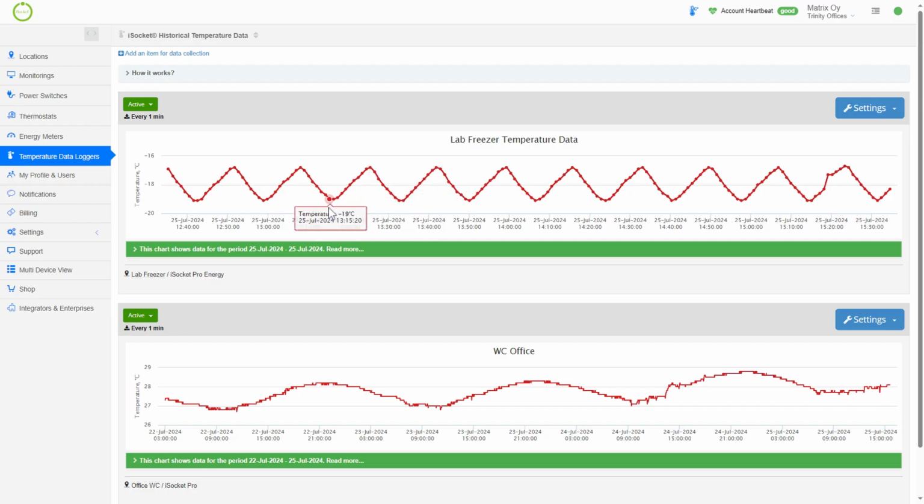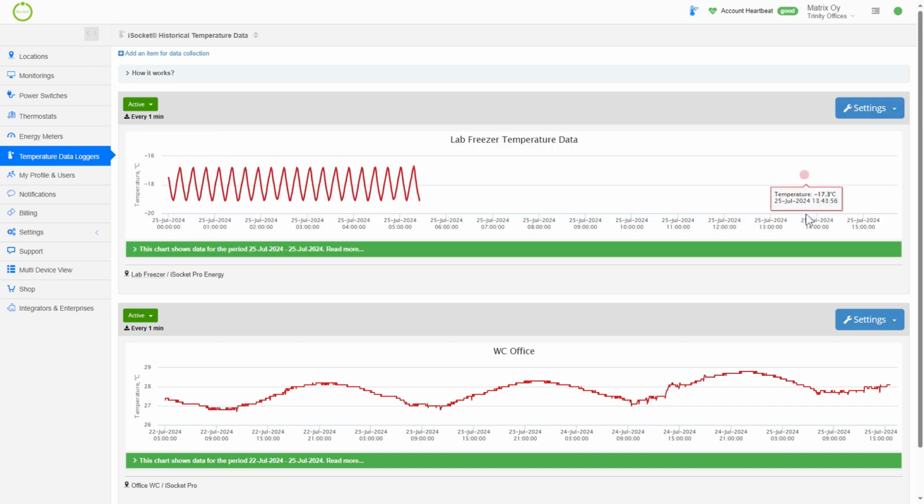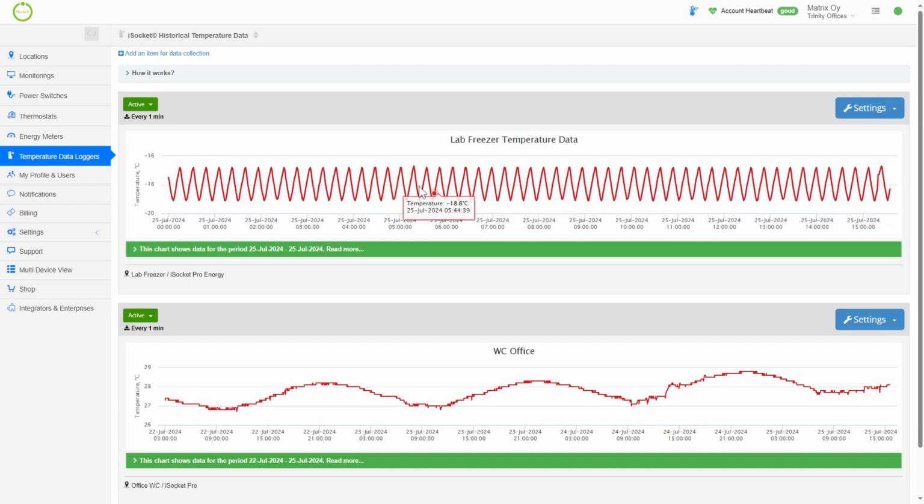But here is not faked temperature, but the true temperature. Let's see for today only. No door was opened today. Nice, absolutely nice. So that is the way I'm monitoring important stuff in the lab freezer.